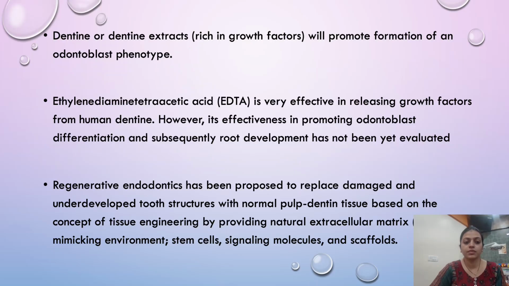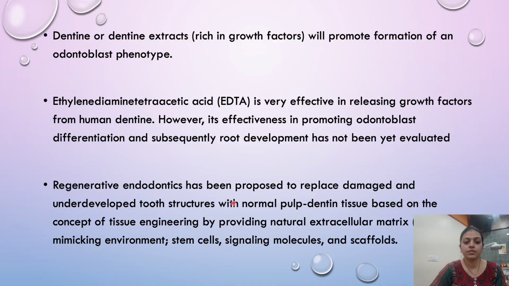Then dentin or dentin extracts, rich in growth factors, can promote formation of the odontoblast phenotype. Ethylenediaminetetraacetic acid, EDTA, is also a very effective material in releasing growth factors from human dentin. However, its effectiveness in promoting odontoblast differentiation and subsequently root development is yet to be evaluated.